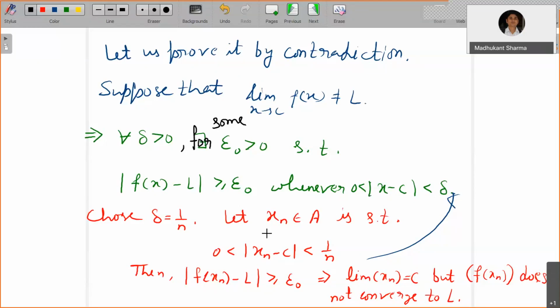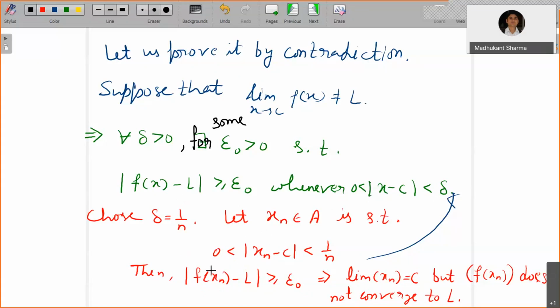Certainly xn is not equal to c because mod xn minus c is strictly greater than 0. And the above condition tells you that mod of f of xn minus L is greater than or equal to epsilon naught, whatever the n value is. So this implies that f of xn does not converge to L.